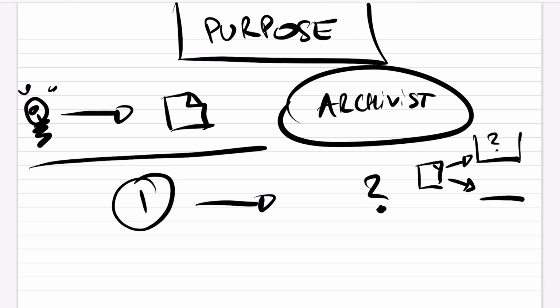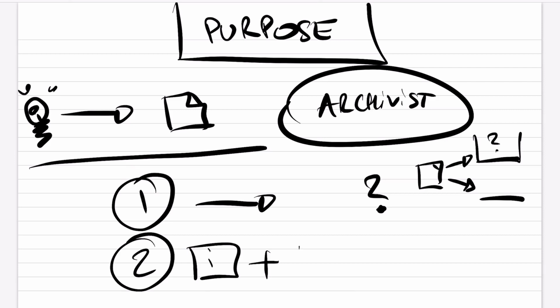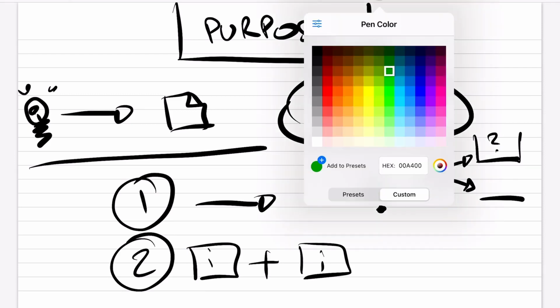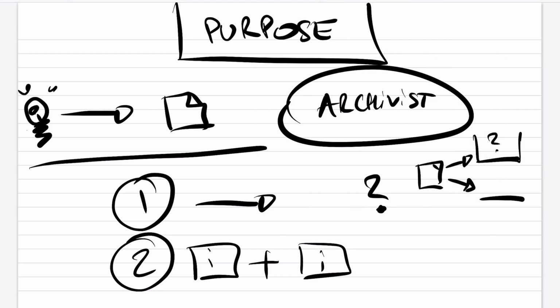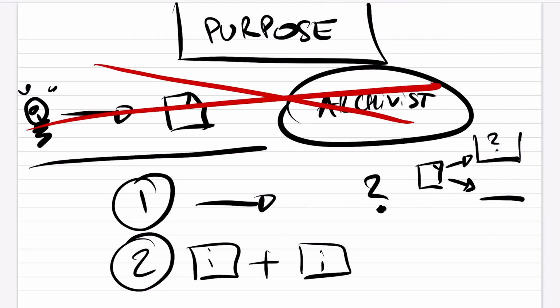And the second purpose of a note is that it helps you to combine different ideas, okay? So the purpose of a note is not just archiving or being able to retrieve information, because this is what we actually think. We just take notes to retrieve information. No, it is actually deeper than that.